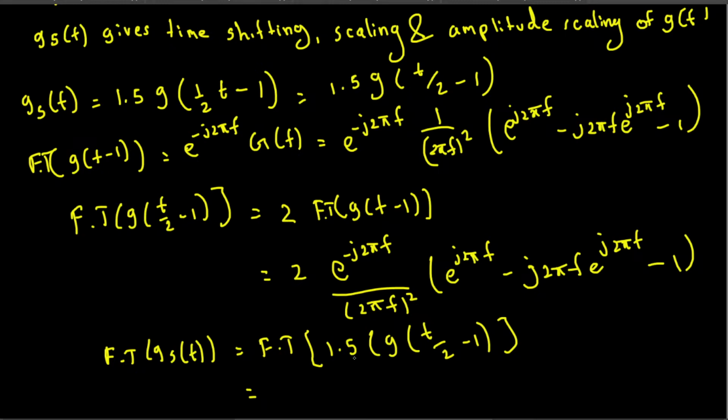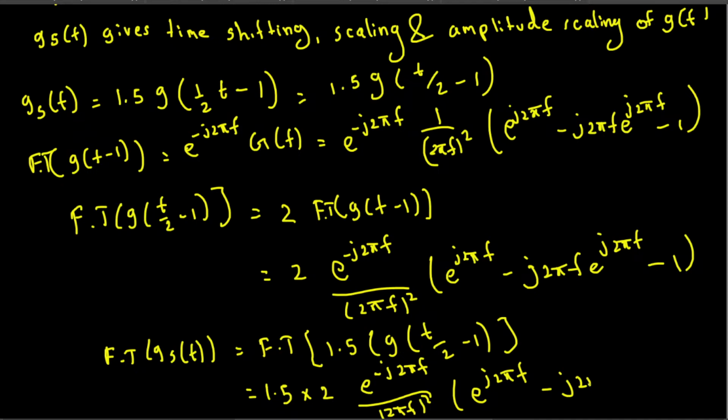There's nothing much to do, like 1.5 times 2, or you can do one more step to show 1.5 times 2, and then the others remain the same. e to the power minus j 2 pi f divided by 2 pi f whole squared, e to the power j 2 pi f minus j 2 pi f e to the power j 2 pi f minus 1.